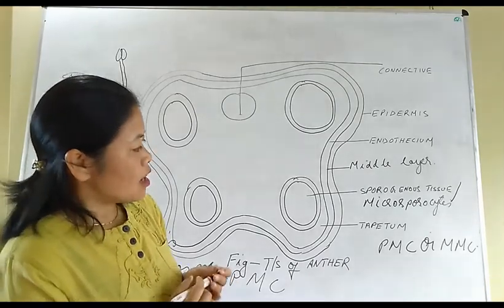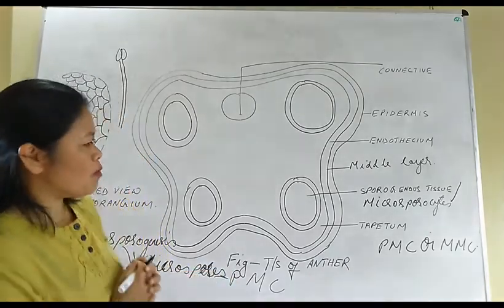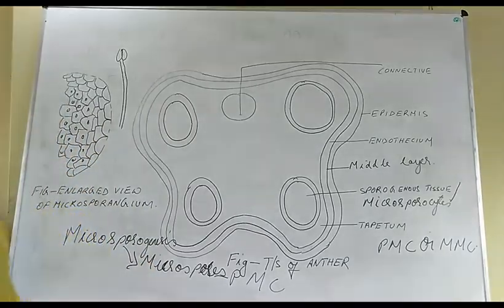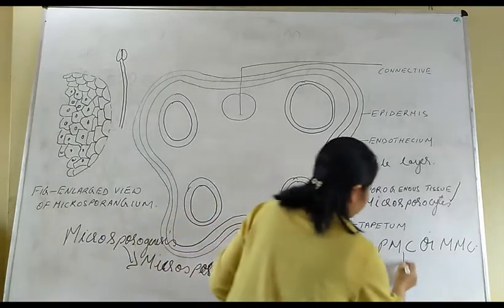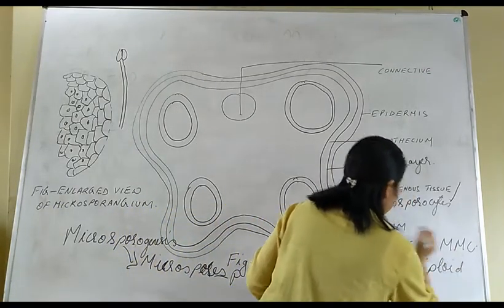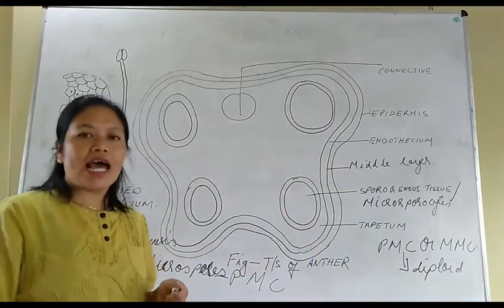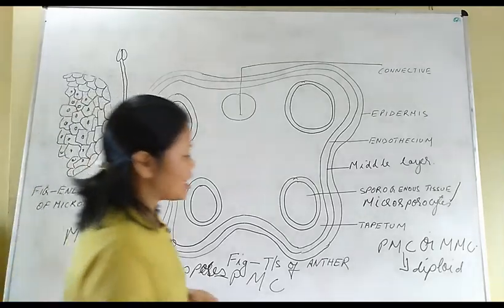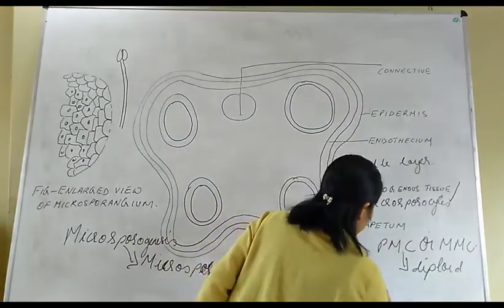Now, these pollen mother cells or microspore mother cells are diploid in nature. They again undergo another division to give rise to haploid microspores.